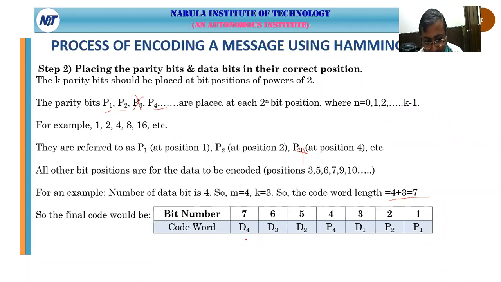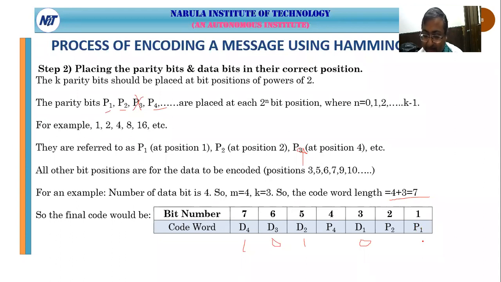Suppose this will be 1, 0, 1, 0. This is the 4-bit original message word. So now what will be the value of P1? Suppose it is set by even parity. Assume the code word is encoded by the even parity method. So now for the value of P1, we should check like this.